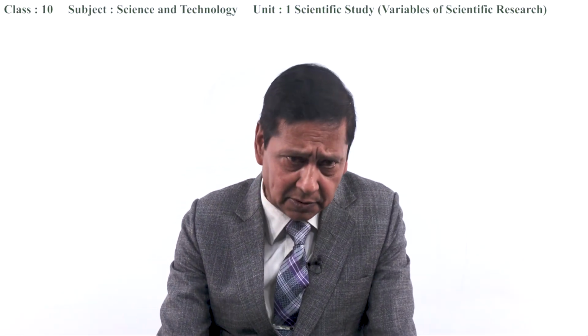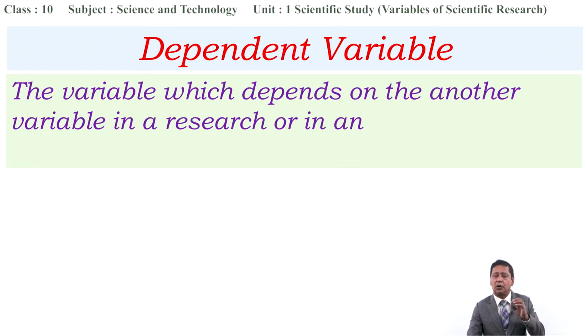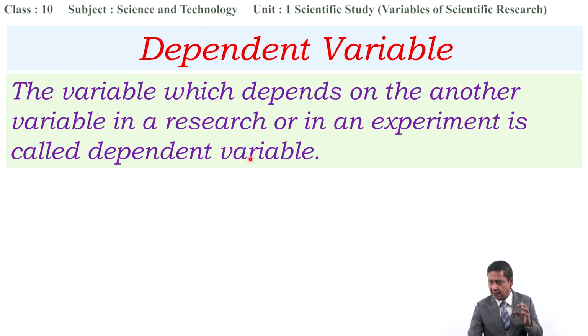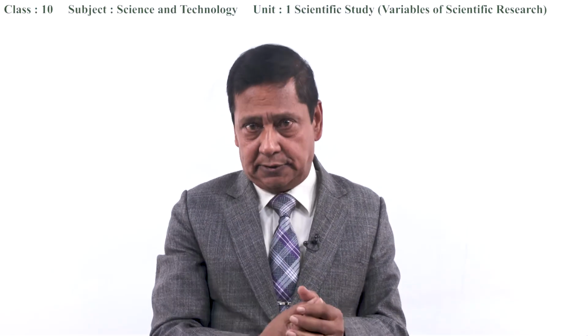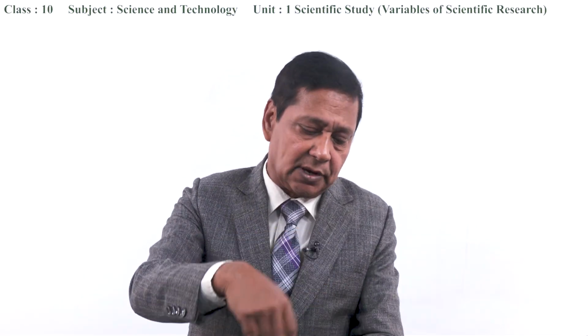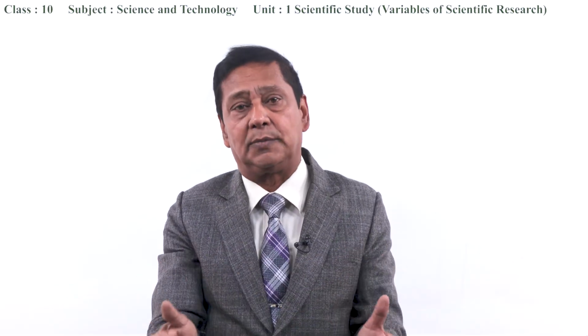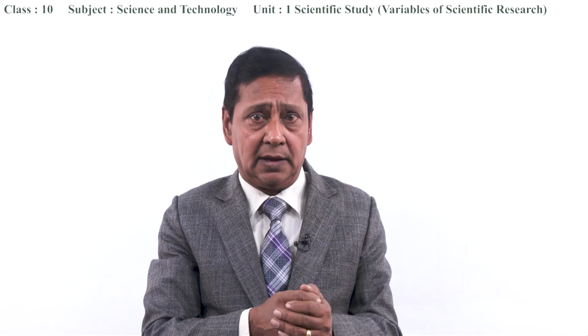Now let's talk about the dependent variable also. The variable which depends on another variable in a research or in an experiment is called dependent variable. Just for example, if we have a solution of salt in water and we are dissolving salt in water, a condition comes when no more salt can be dissolved in the same water.